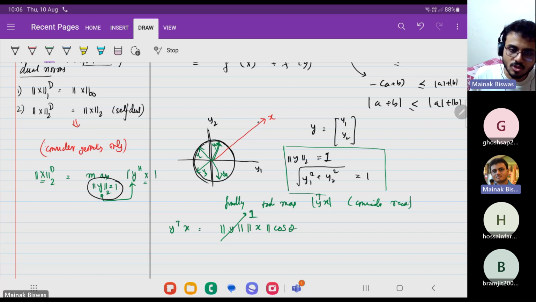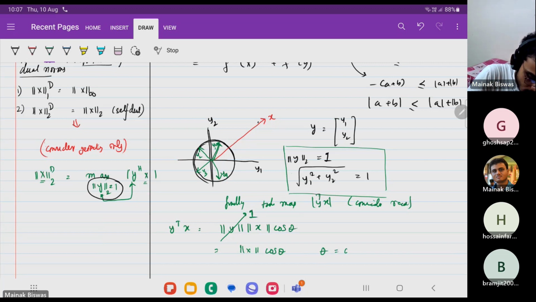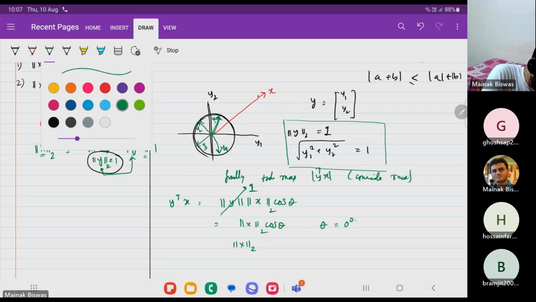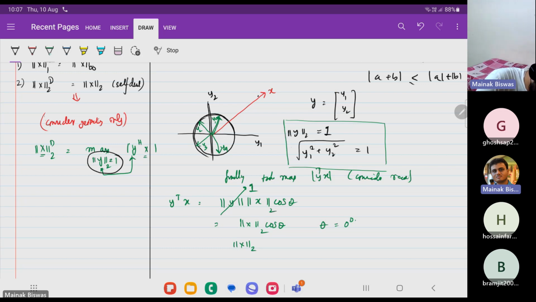Whatever else you have said, Shoptoshi, is correct. So it will be x cos theta, right? So when will it be maximized? At theta equal to 0 degrees, right? It will be maximized when y is in the direction of x.